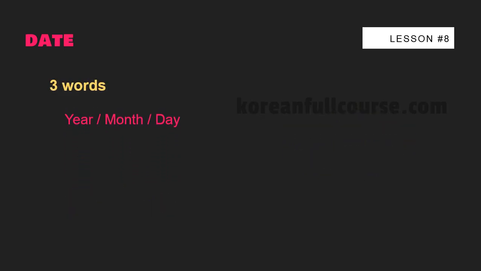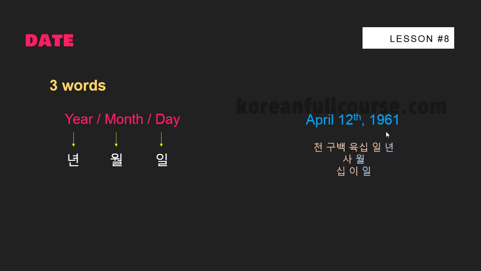Another thing you need to know is how to say these 3 words in Korean, which mean year, month, and day. So 12th of April 1961 would be 1961년, not 천구백육십일년, because when nyun is preceded by ryul, nyun also should be read as ryul. 일년.